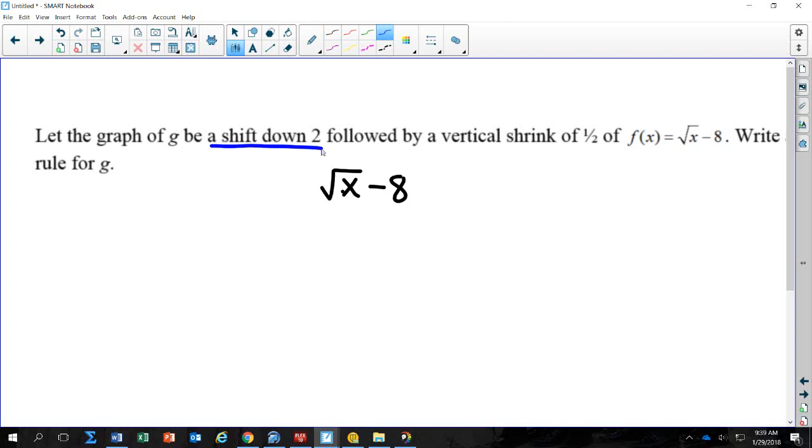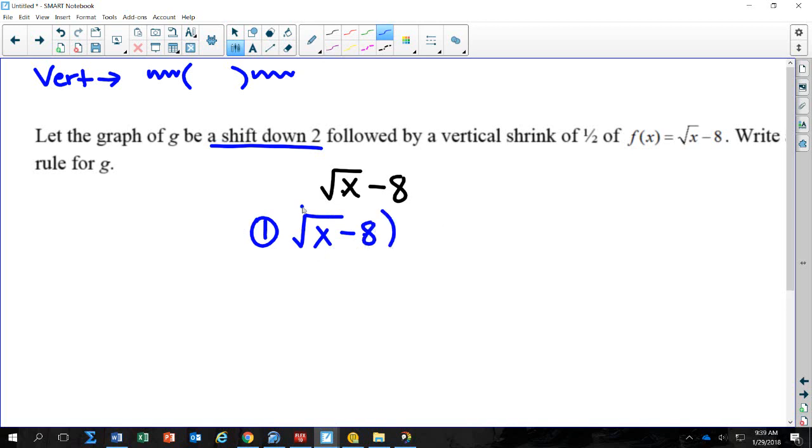Remember, anything vertical happens on the outside of parentheses. Anything vertical, we're either going to have something out front or something out back, right? But either way, it's happening outside the parentheses. So if I want to shift it down 2, we're going to take whatever our function is, and I'm just going to subtract 2 from the end.